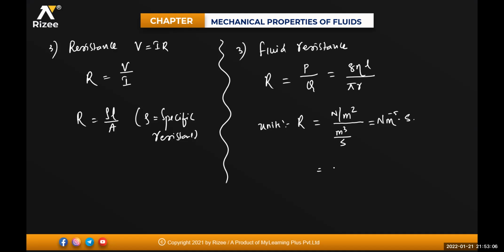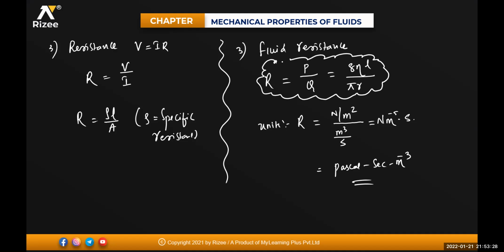That means Pascal second per meter cube. Okay. Very important formula. R is the resistance of fluid. We'll be getting a lot of problems based upon the series and parallel combination on this one only. Clear, beta?